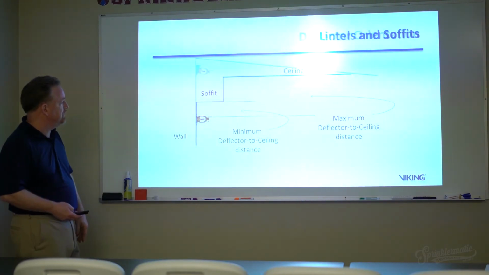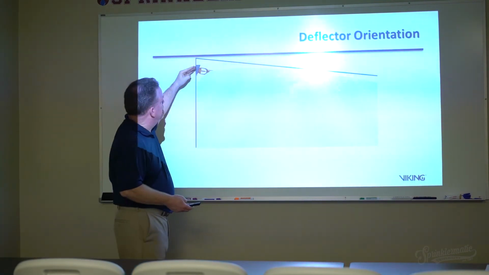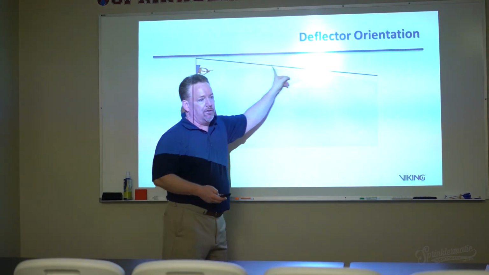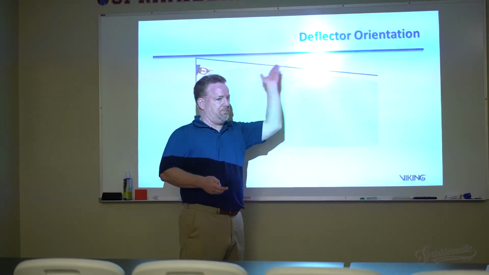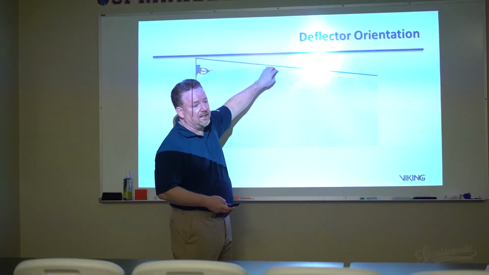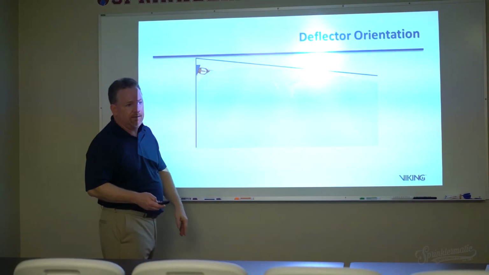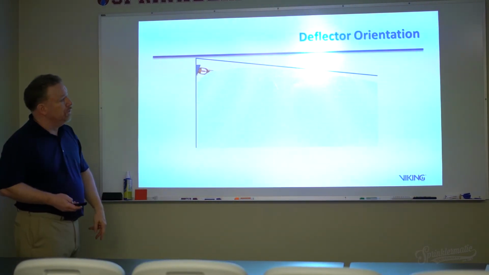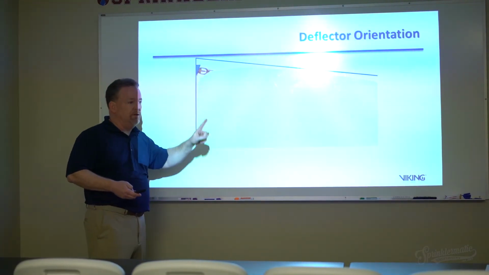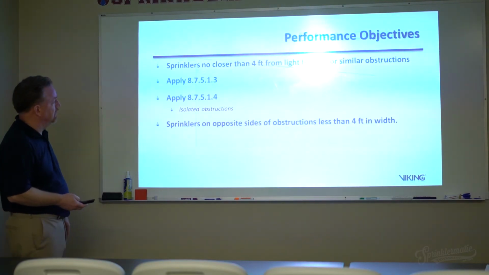I told you this earlier: if this one came out parallel to the floor, the spray pattern has to go up first, so the ceiling would become an obstruction itself. It would hit here and come down the side. No, this has to be parallel. The deflector has to be parallel to the ceiling line.